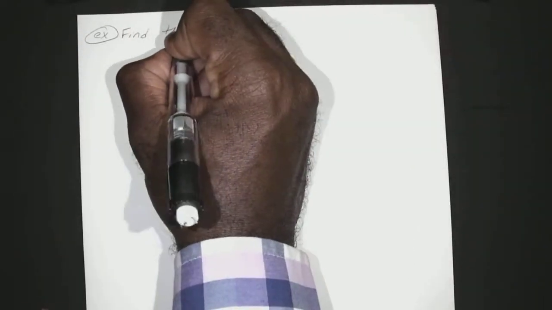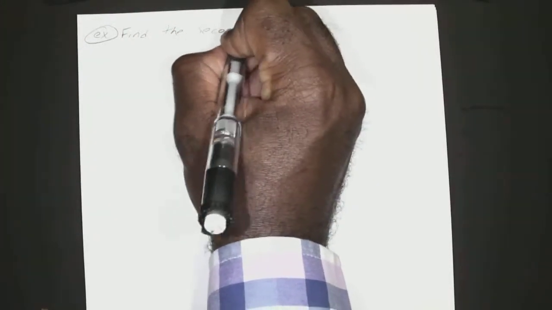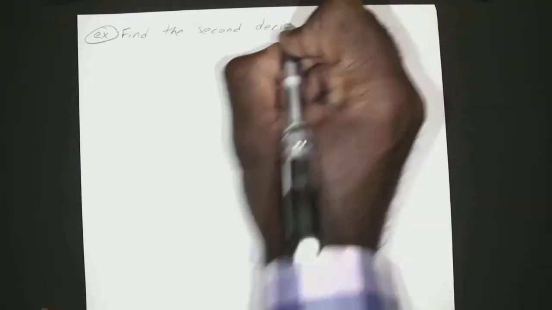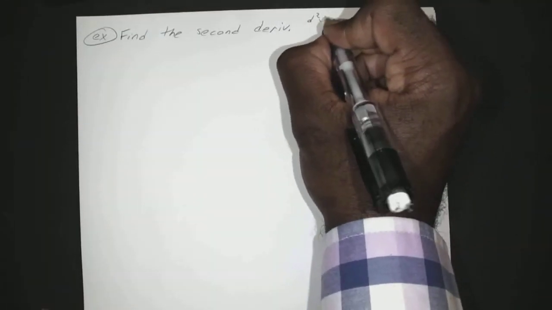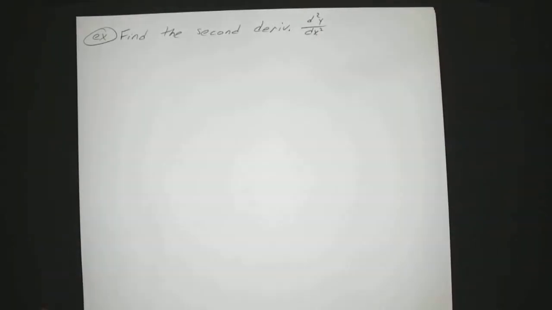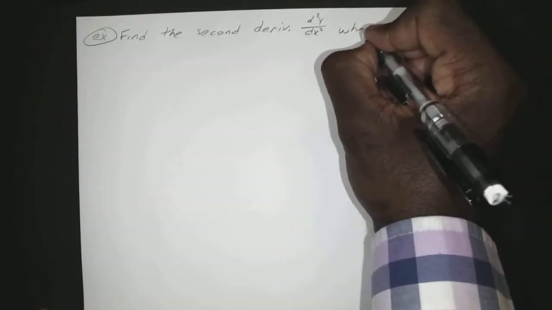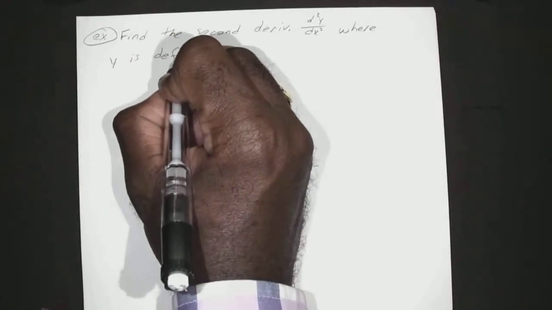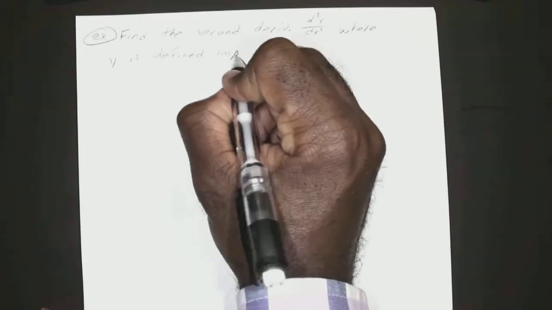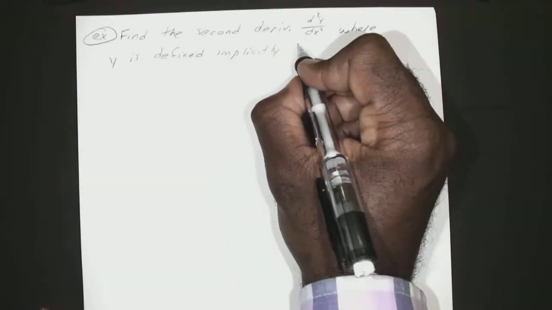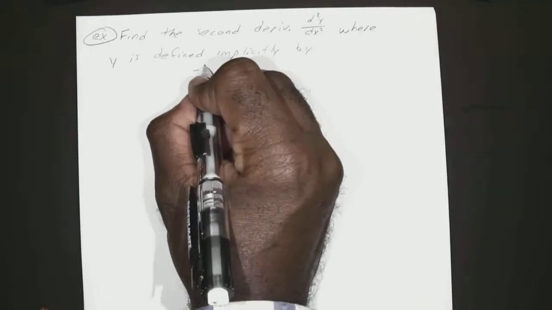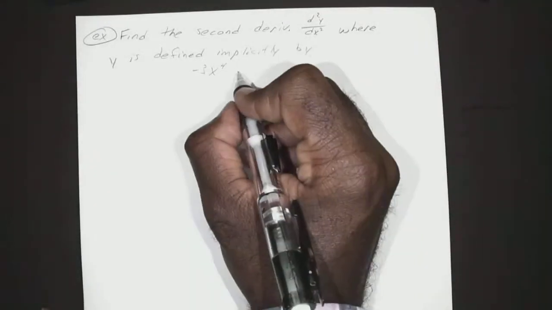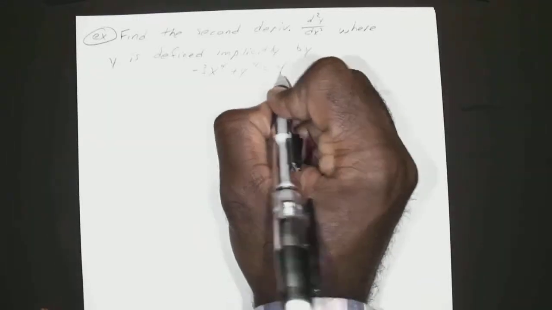Okay, so what if we wanted to find the second derivative? That's denoted by that, where y is defined implicitly by negative 3x to the fourth plus y to the fourth equals 4.